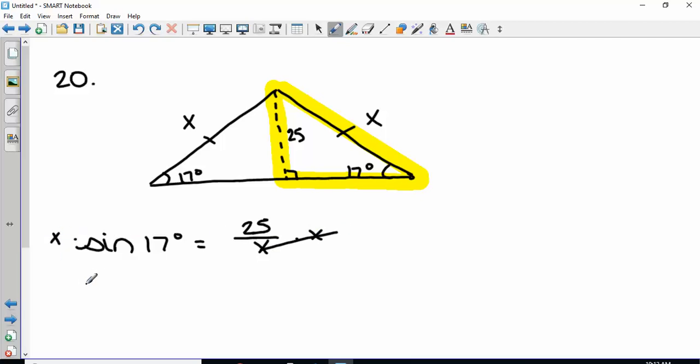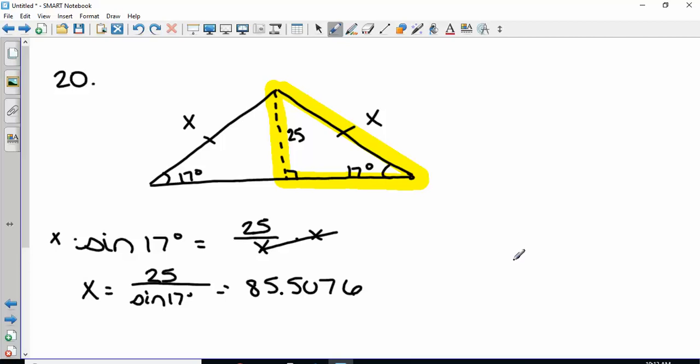Then we would have to divide by sine. So 25 over the sine of 17. But I said use significant digits. So significant digits, how many were given in the problem? So if I round this to 2 significant digits, we would call it 86, and we were in centimeters.